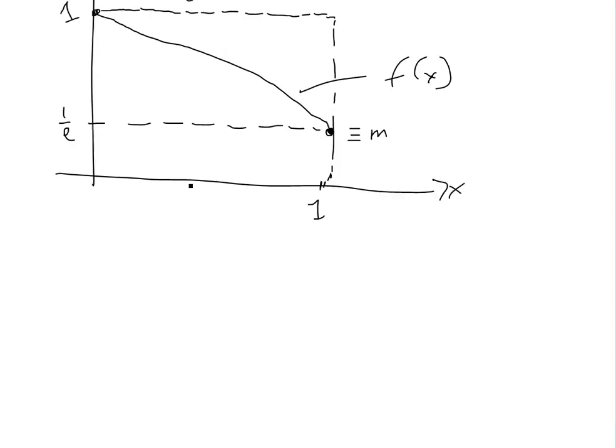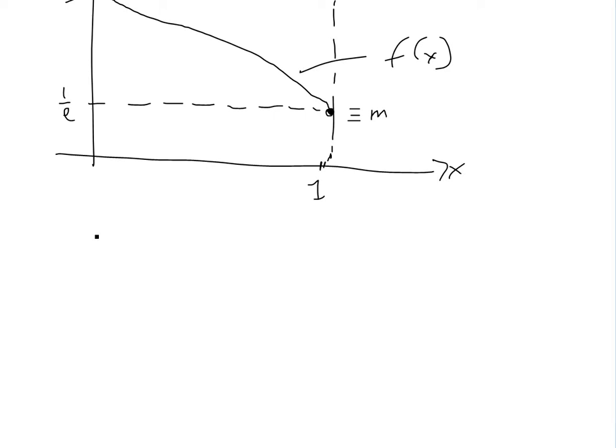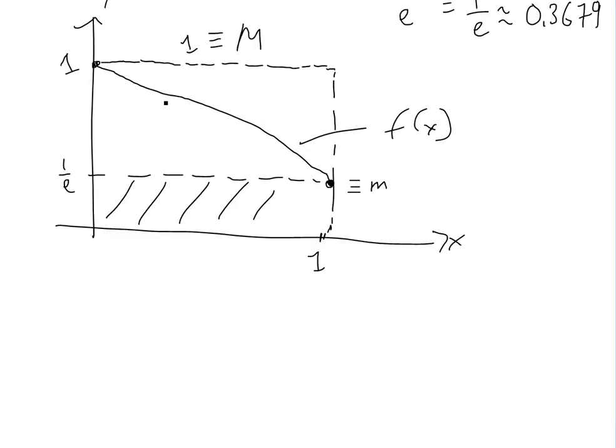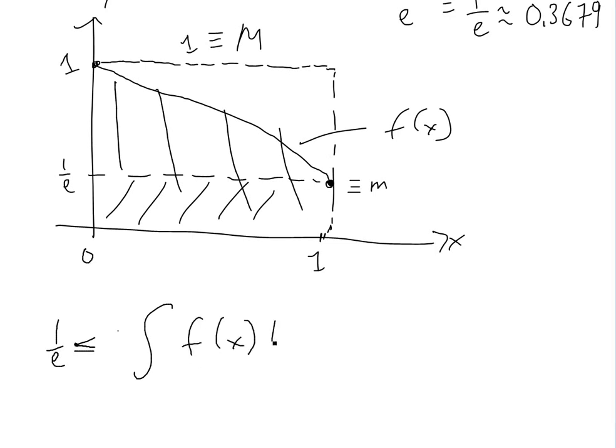So now from property 4, we get that basically the area of this rectangle is less than the area under this f of x, or the integral here. So we're just going to get 1 over e, times 1 minus 0 here. So we don't even need to write this. So we go 1 over e is less than or equal to the integral, which is the area under this entire curve, f of x dx, from 0 to 1, and it's less than or equal to 1 here.